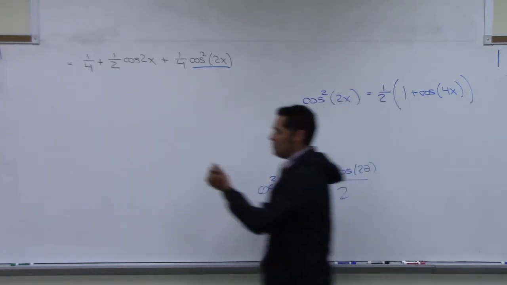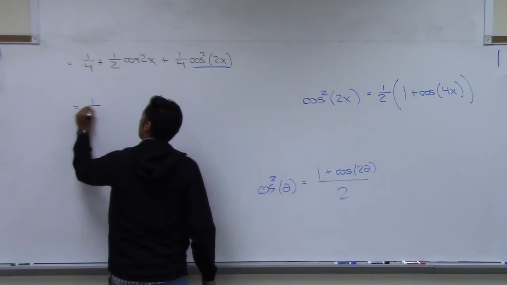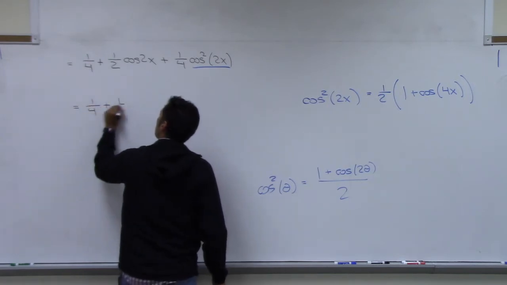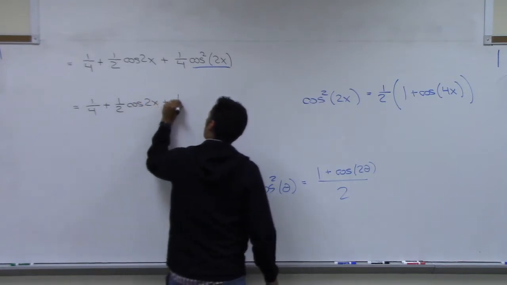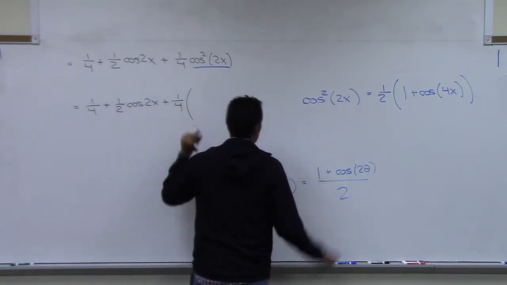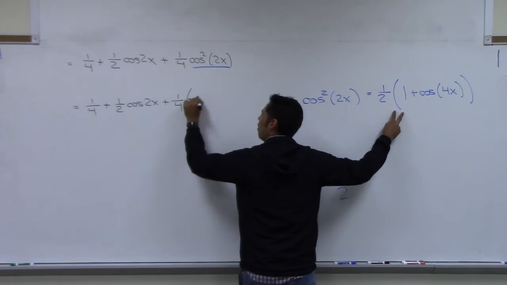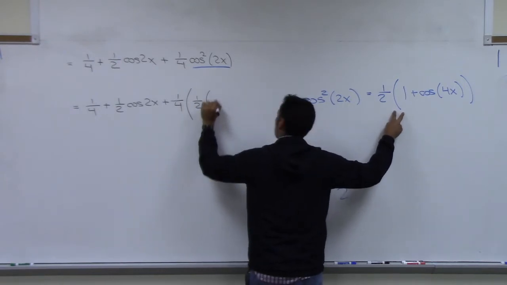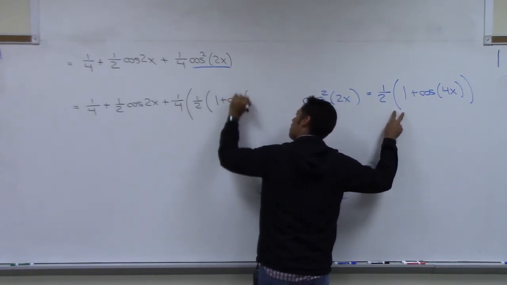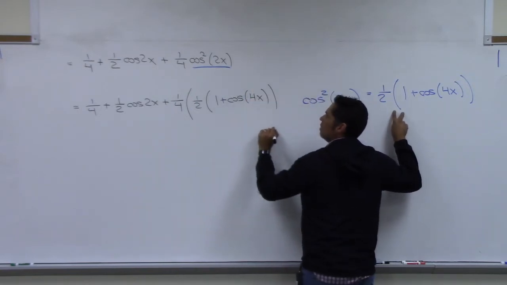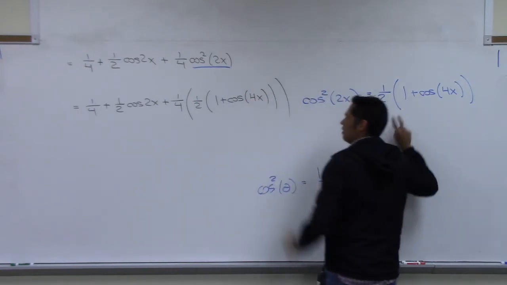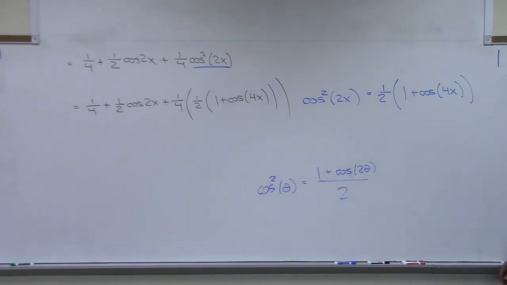So I'm going to rewrite this again. This is 1/4 plus 1/2 cosine 2x plus 1/4, but then this 1/2 and then 1 plus cosine of 4x. That looks like a mess.